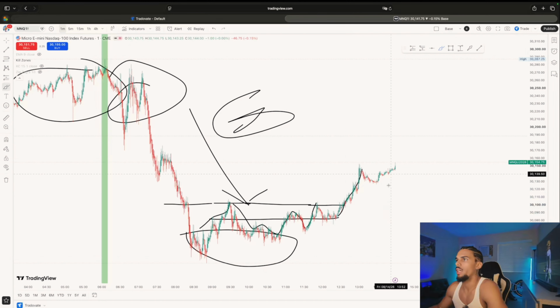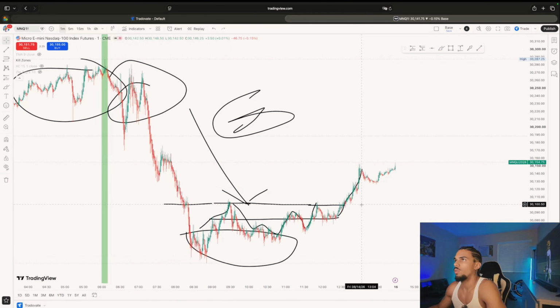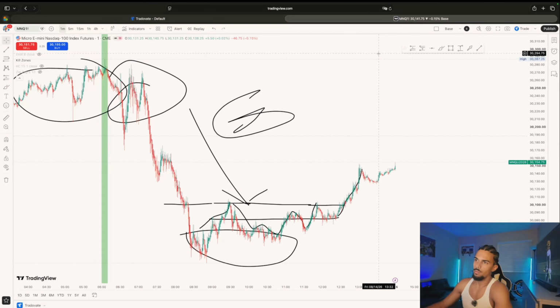So you can do all of that. And you know what's beautiful about being able to use some of this information is, for me, draw the trend line. So there's so much that you can do with this TradingView.